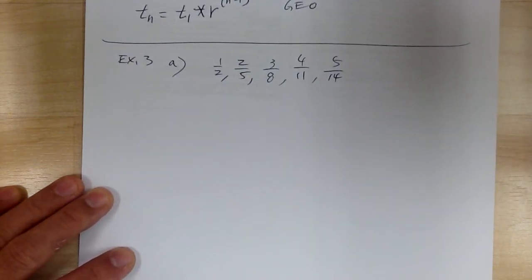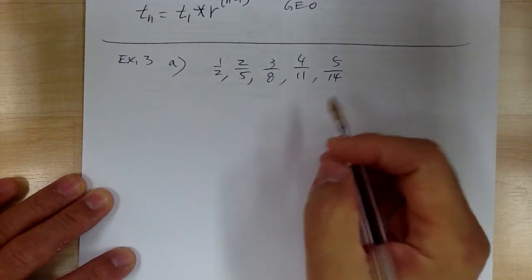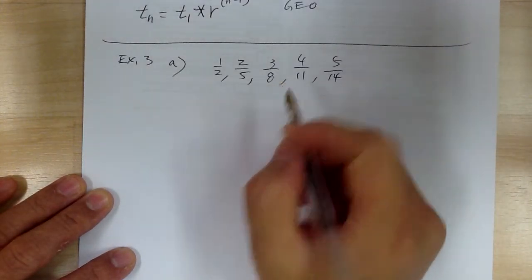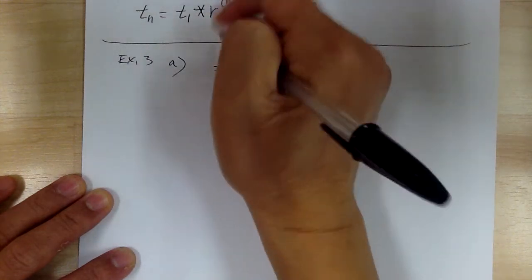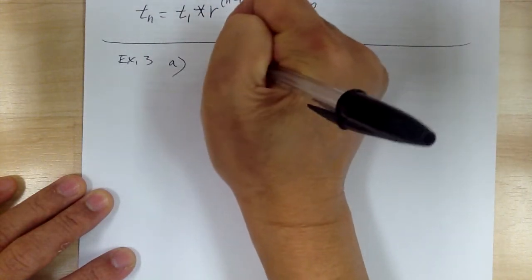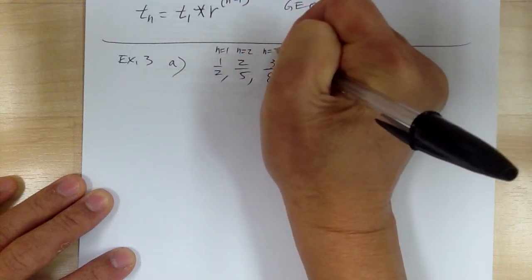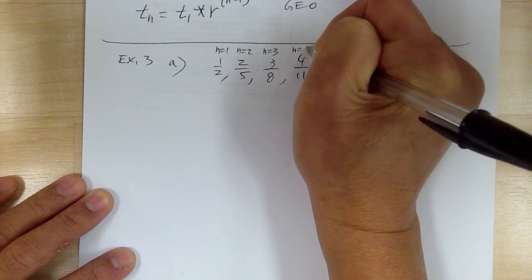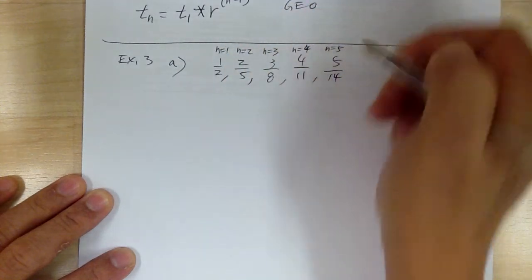So again, you can see if it's geometric, and if not, then you try different ways, right? So after you try, you know that this is neither. So when it's neither, this is t of 1, so n equal to 1, right? n equal to 2. So it would be a good idea to write down your n: 1, 2, 3, 4, 5, right?